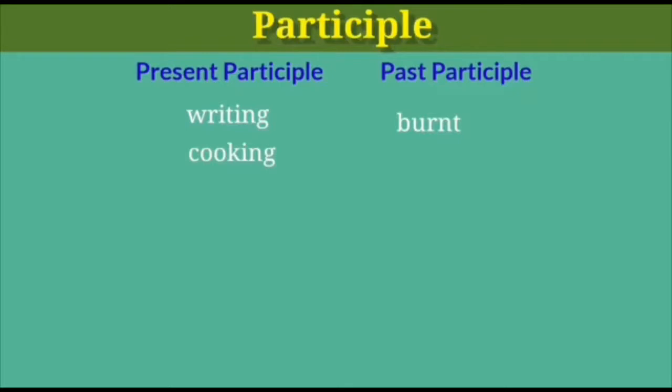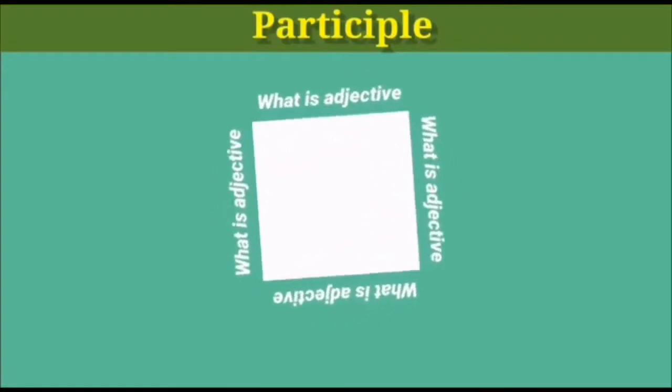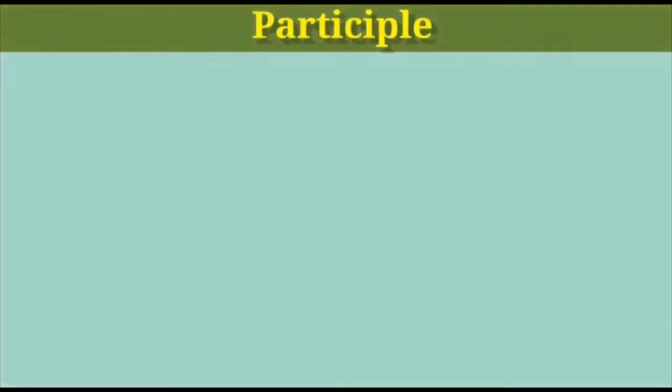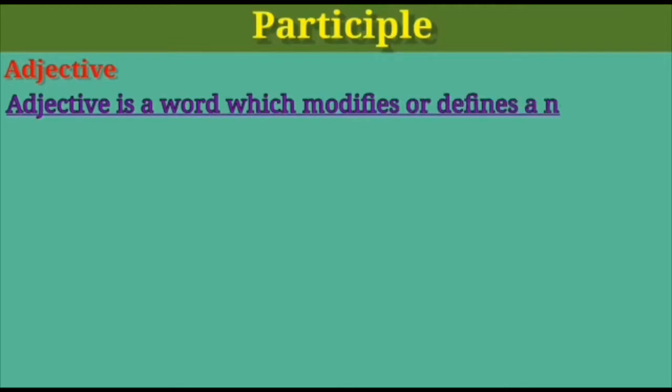Before I use these words in the adjective form, first I'd like to explain what an adjective is. Keep one thing in your mind, guys. Adjectives are the words which tell something more about a noun, which give additional information about a noun. In simple words, adjectives are words for nouns.